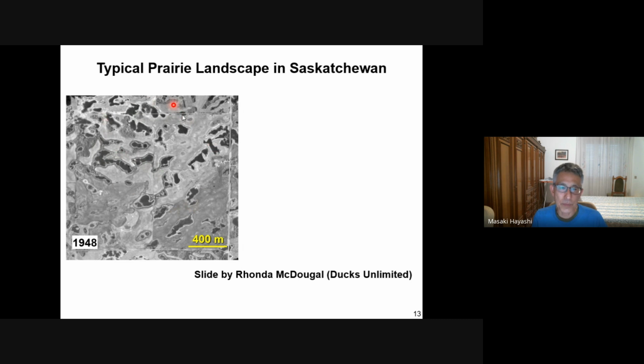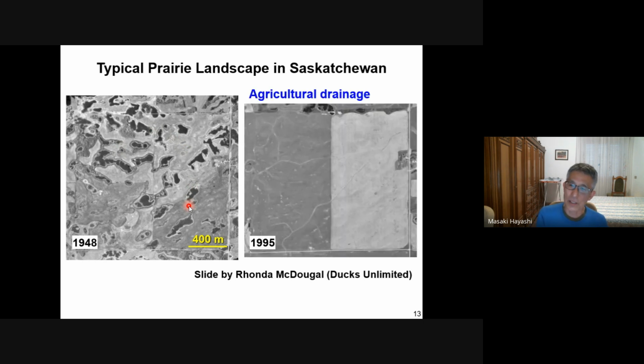The prairie landscape used to be dotted with so many depressions and wetlands. But then mechanized agriculture became very popular. This picture was taken in 1948. It's an air photo of an area in 1948. At this time people were still using horses and cows for agriculture, but then they started using tractors.